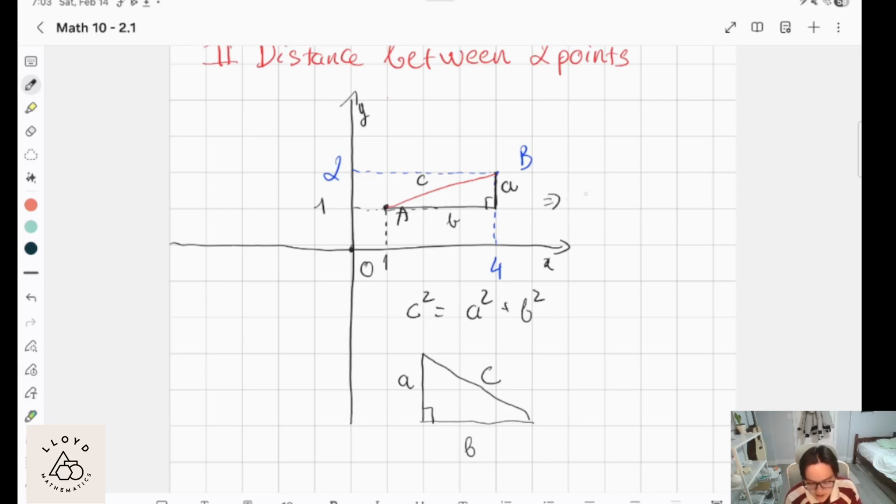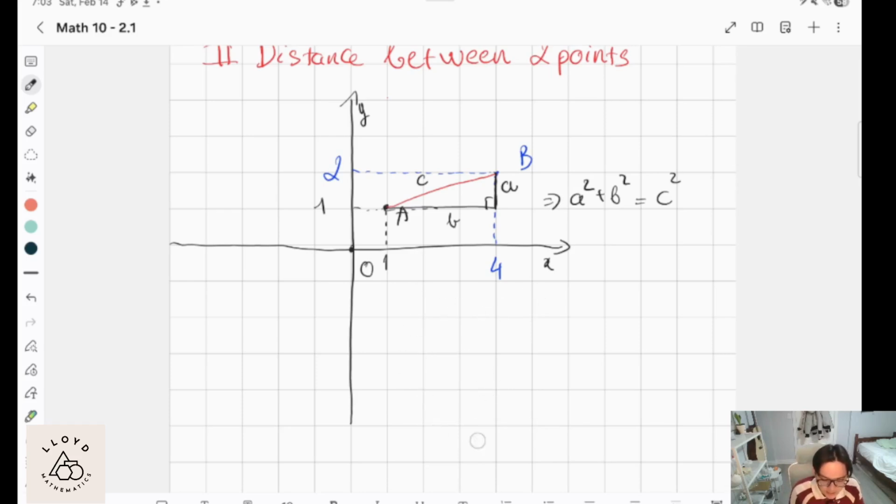So therefore I easily get that A squared plus B squared is equal to C squared. And in this example, B is 4 and 2, and A is 1 and 1.